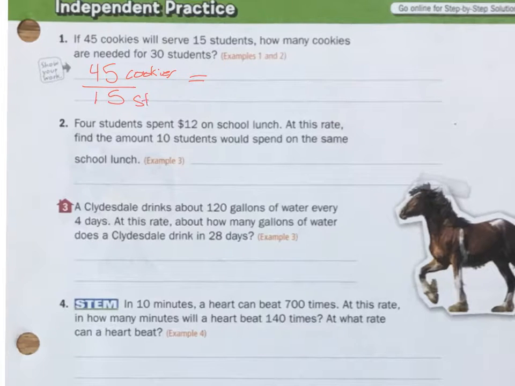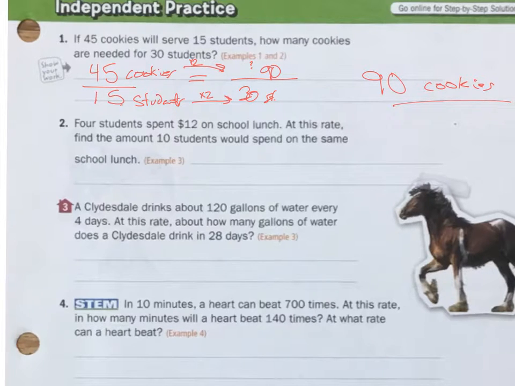I need to know if I have 30 students, how many cookies do I need? So I have a question mark right here. I want an equivalent ratio. 15 to 30 is just times 2. So I need to just do the cookies times 2, and it gets me 90. So how many cookies am I going to need? I'm going to need 90 cookies.